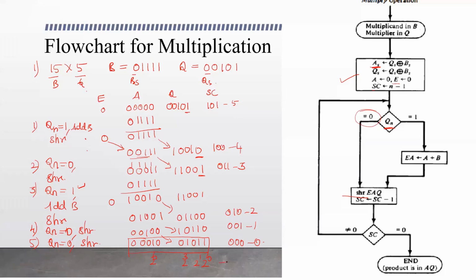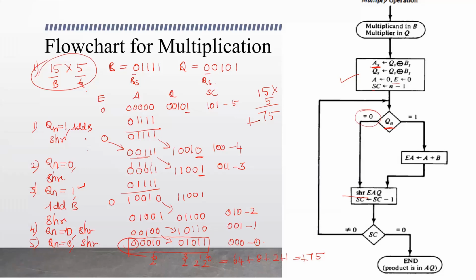So when you add this, you get 2 power 6 is 64 plus 8 plus 2 plus 1, which is 75. Correct? And the sign bit is 0 here, so it is plus 75. And you can check this with decimal numbers. 15 into 5 is 75. It is positive 75.